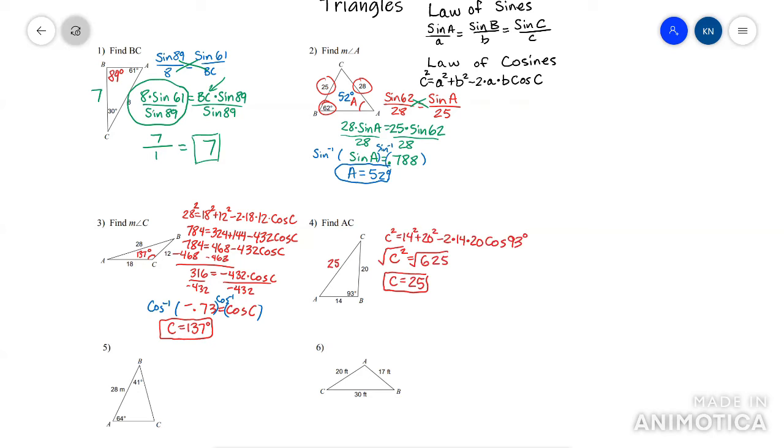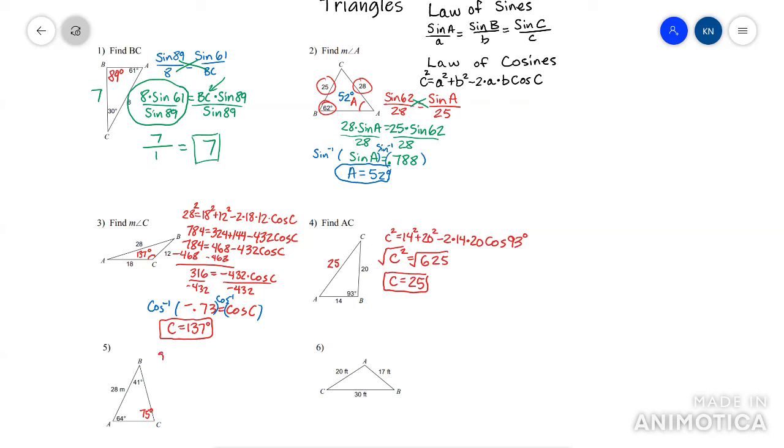All right, these last two, they want you to solve the whole triangle. So the first thing to do would be to go get the angles if they've given you two, like this one. So they've given me two here. Those angles add up to 105, which means this angle has to be 75 degrees. Now that I have that angle, I have an opposite combo here, so I can run law of sines.